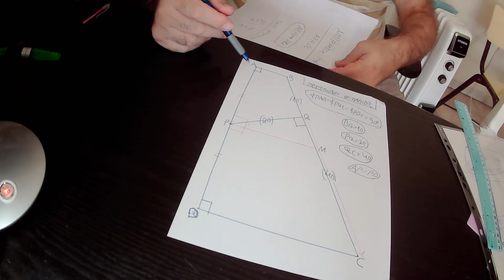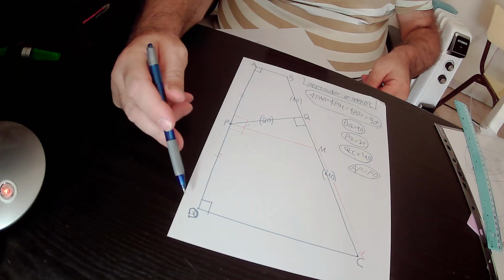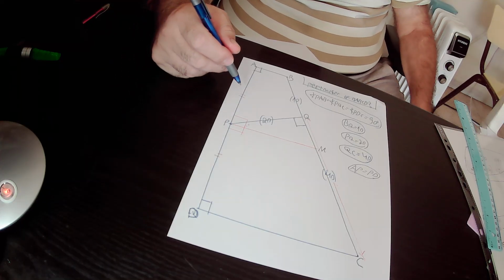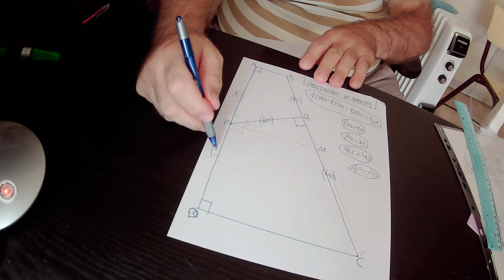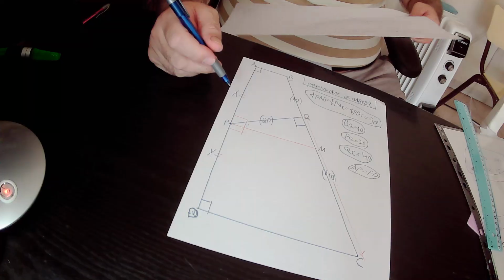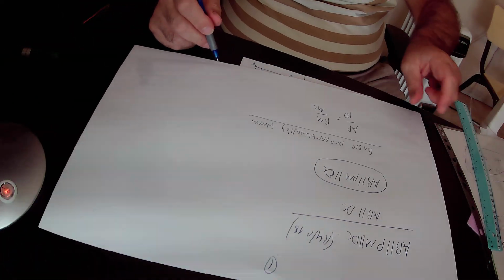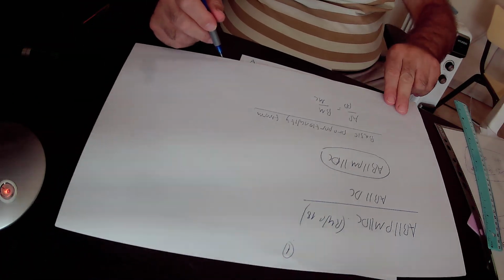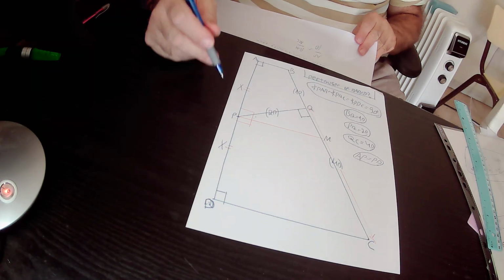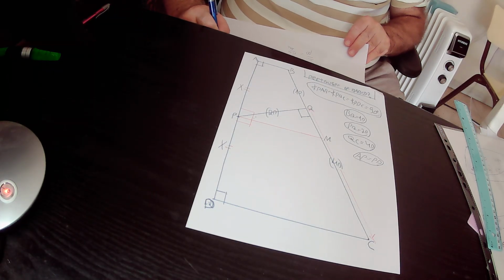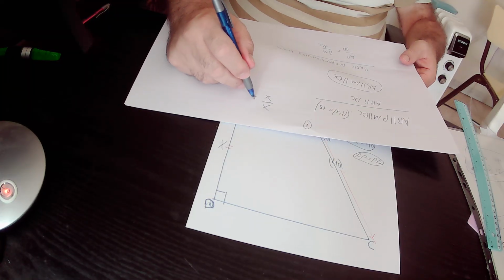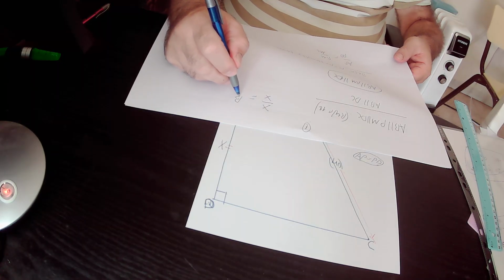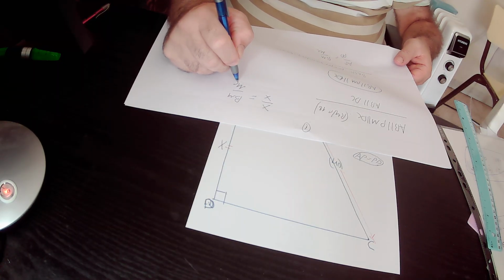It is given in the question that AP equals PD. So if we define the length of AP as x, then the length of PD must also be x because they are equal to each other. So AP over PD is x over x, equals BM over MC.